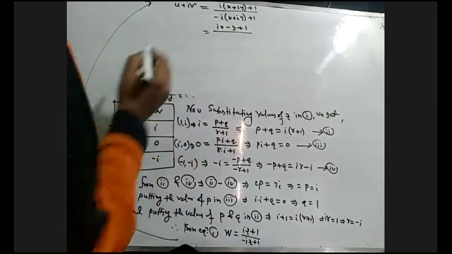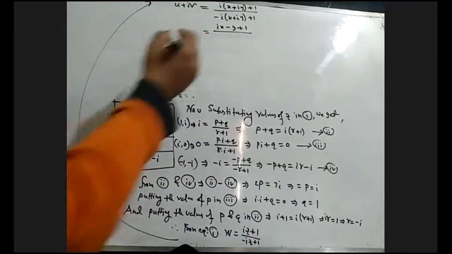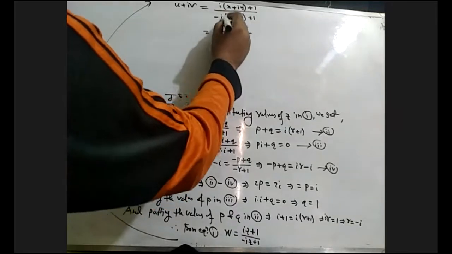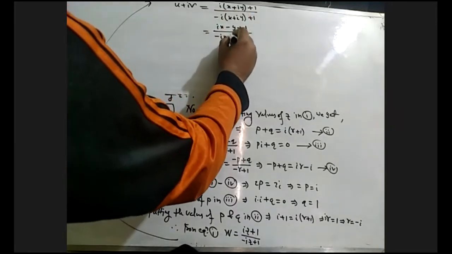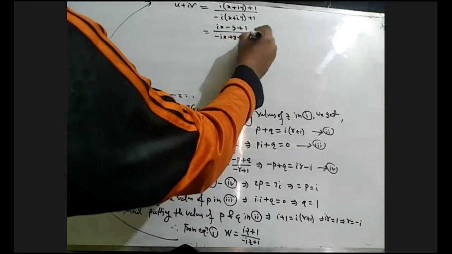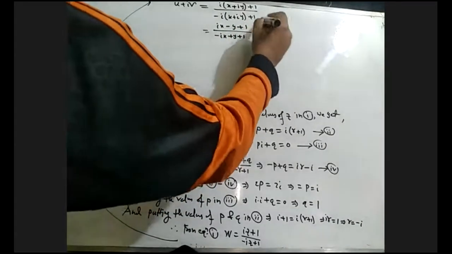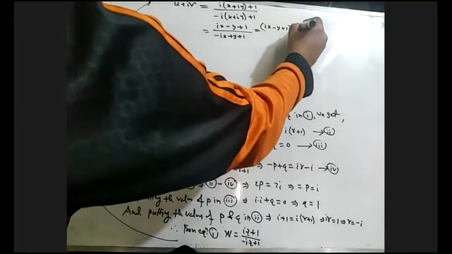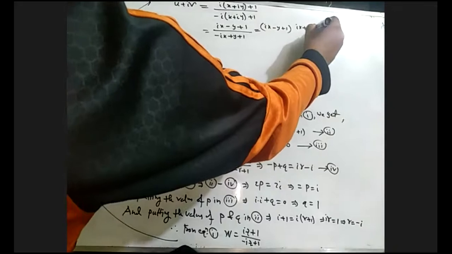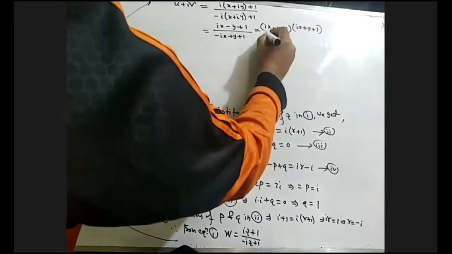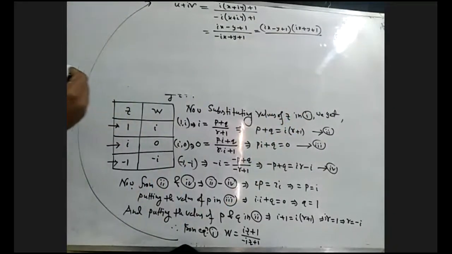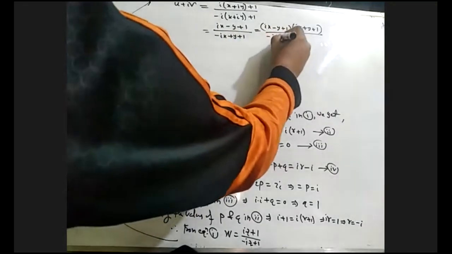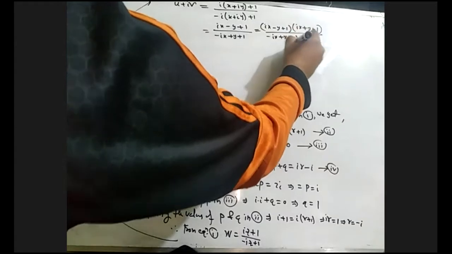And from here minus ix minus i square y, that means plus y plus 1. This equals ix minus y plus 1 over ix plus y plus 1, with denominator minus ix plus y plus 1.